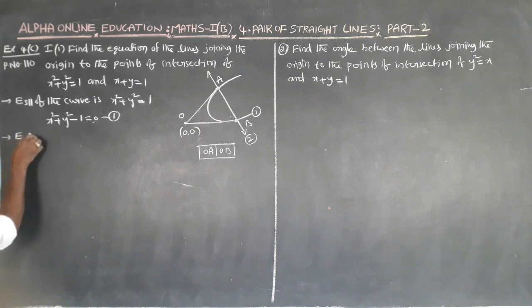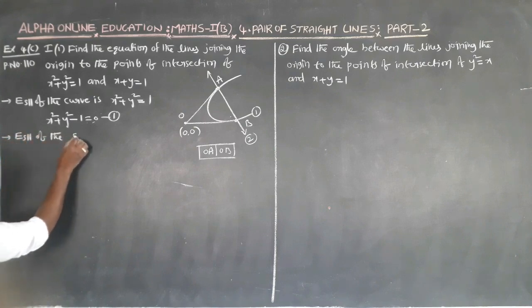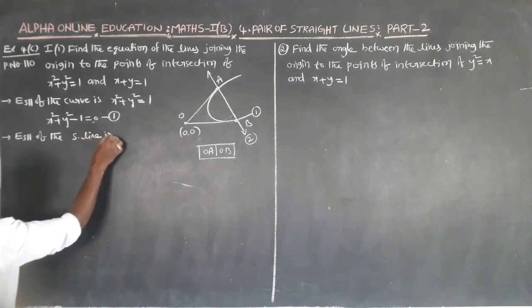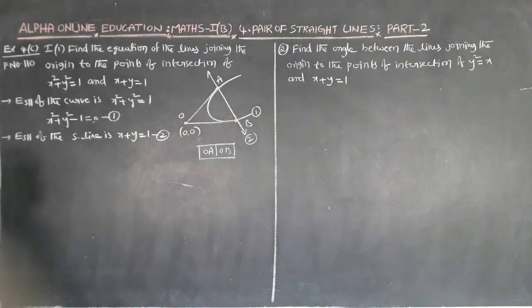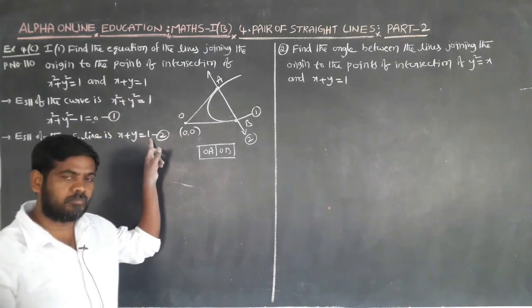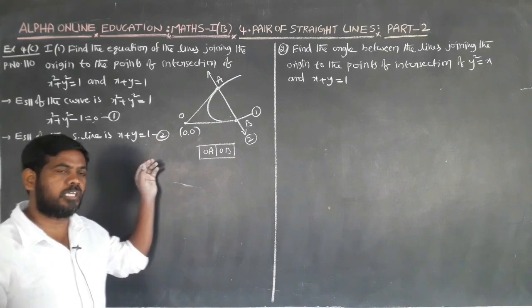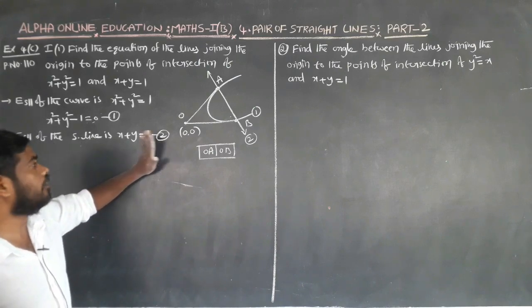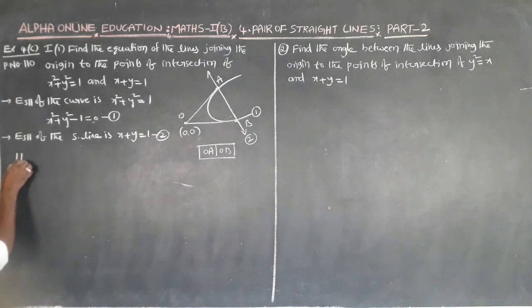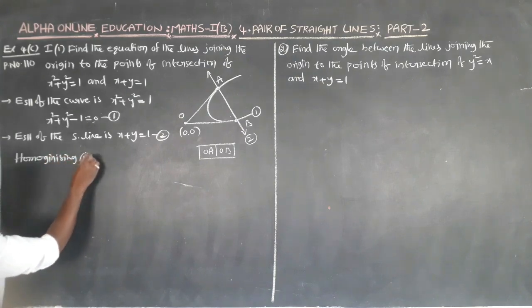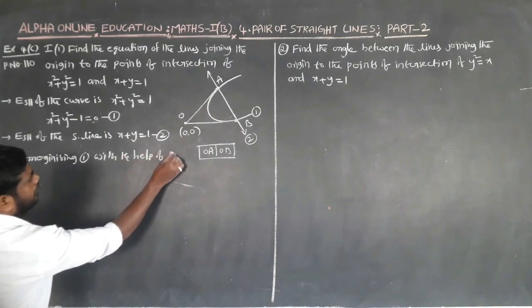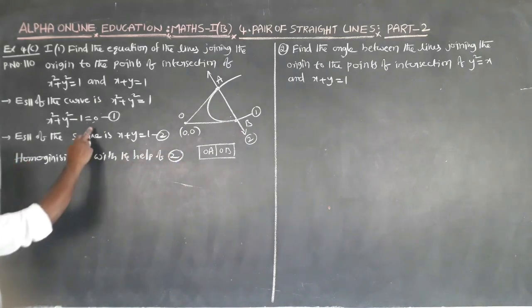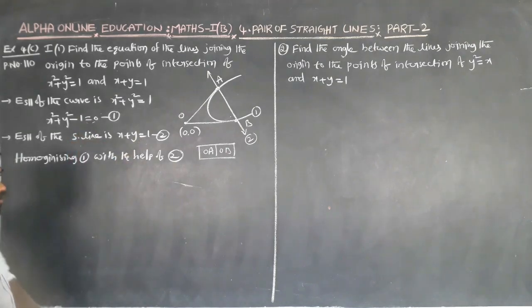Next, the equation of the straight line is x plus y is equal to 1, already in the form is equal to 1. So homogenizing 1 with the help of 2.